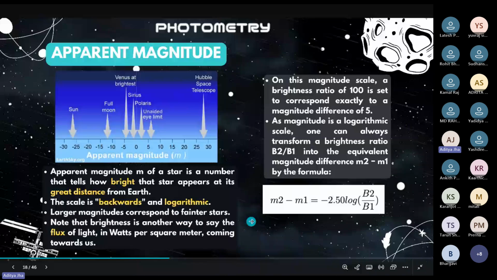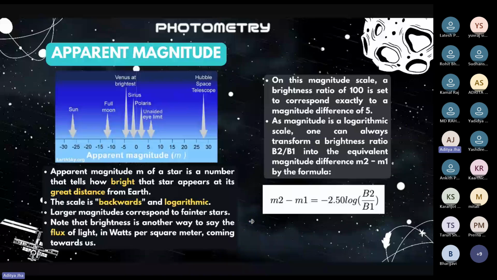Let's start with apparent magnitude first. Apparent magnitude is basically a scale that helps us find out how bright a star appears to us from Earth, right? That's why it's called apparent magnitude.